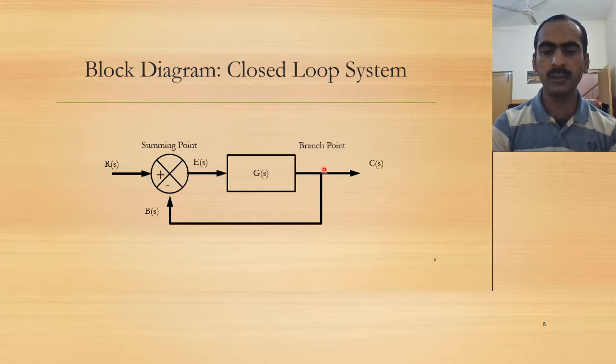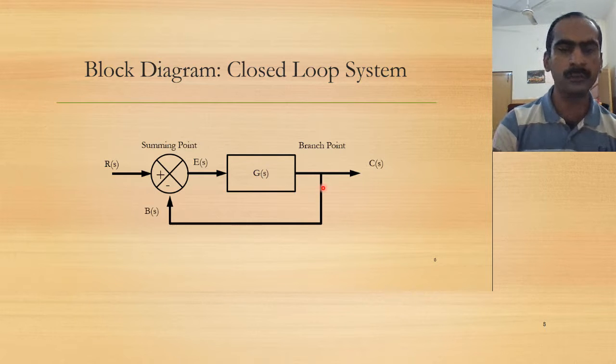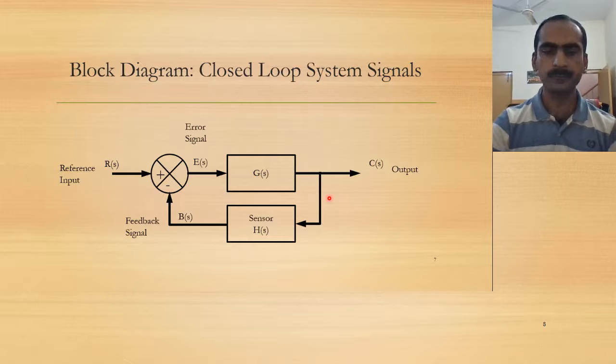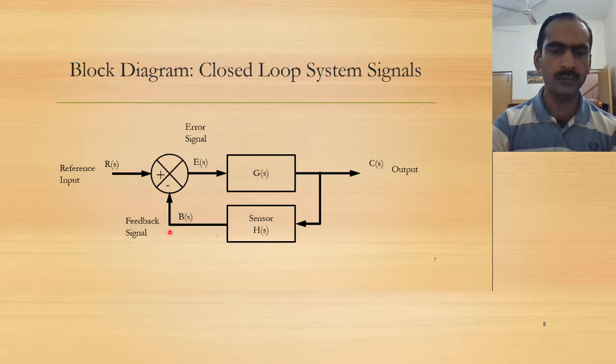There is also a branch point. A branch point is where we are taking a signal to another part of the block diagram. Here we name some signals. Here is the reference input signal, then the error signal E(s), then the output signal, then there is a sensor.